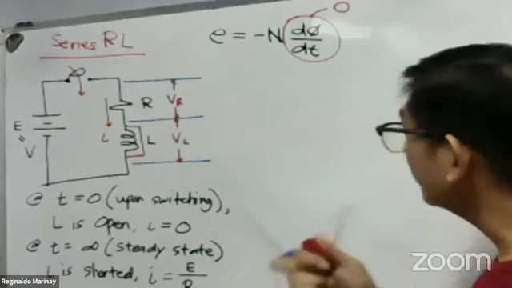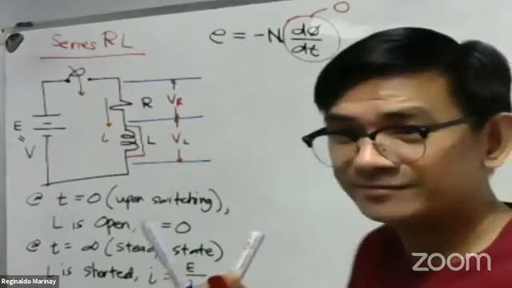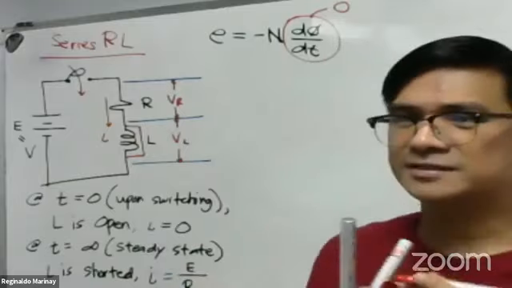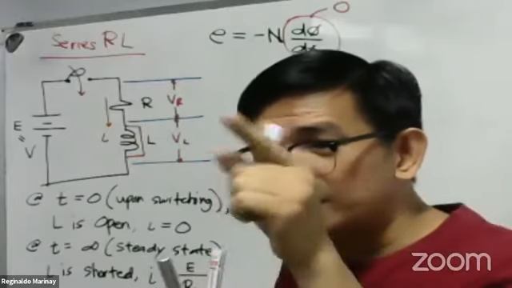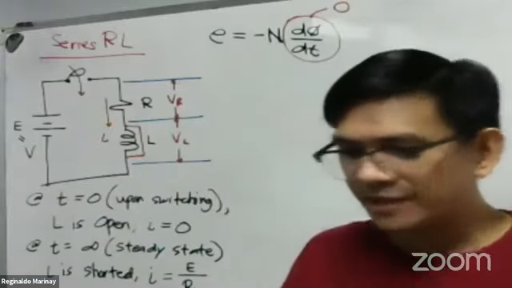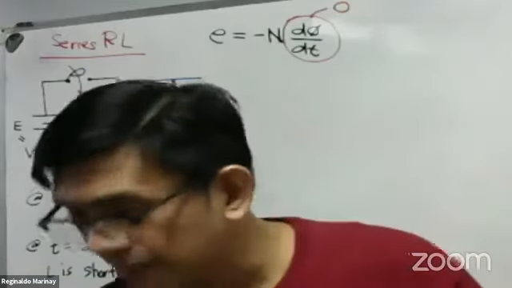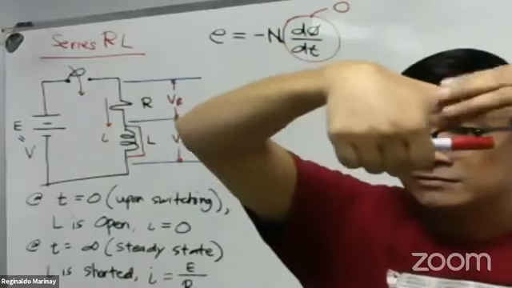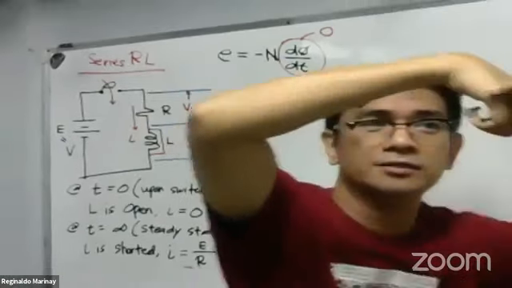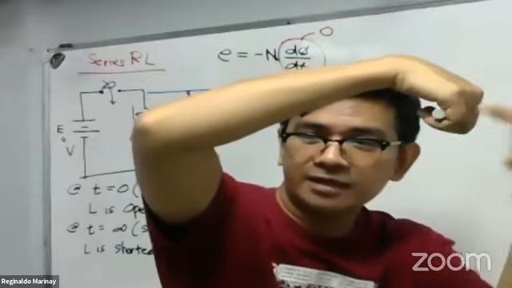Remember that magnetic flux is dependent, from the study of electromagnetism, on the current. You remember Ampere's right-hand rule from direct current part 2. If this is the direction of the current, this is the direction of the magnetic field, in a clockwise direction.